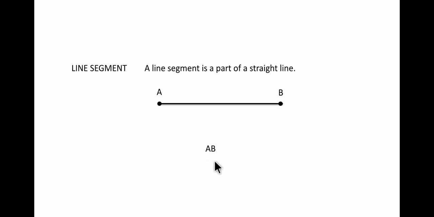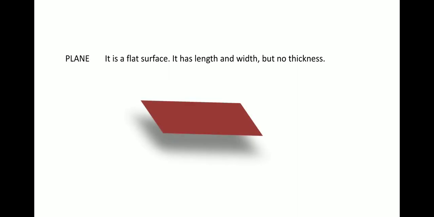Okay. Next is a plane. We all know what a plane is. The screen that you can see out here is a plane. A blackboard is a plane. A table surface is a plane. So it is a flat surface and it has length and width but no thickness. So here this is a plane.